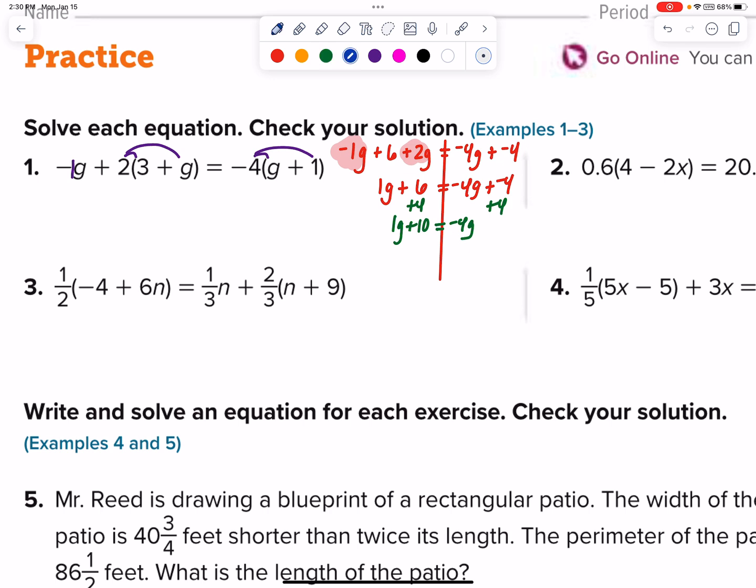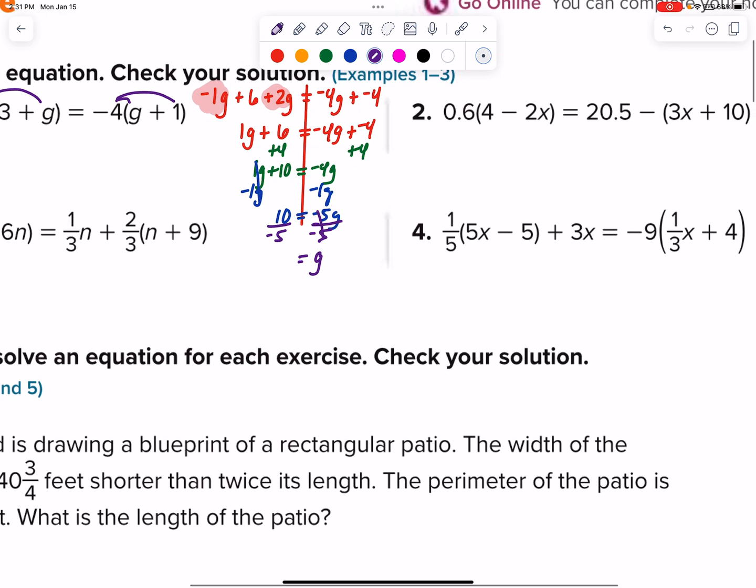Let's go ahead now and subtract 1g to both sides. Cross that out, and we're left with 10 equals -5g. Divide by -5, divide by -5, and we are left with g equals 10 divided by -5 is -2.